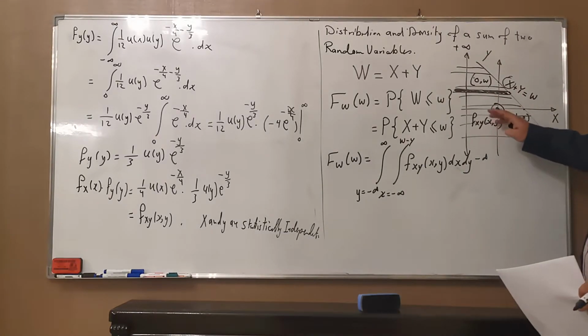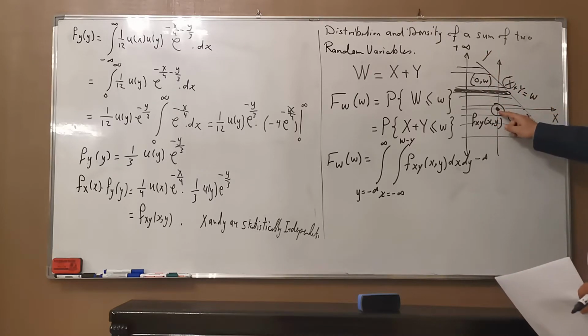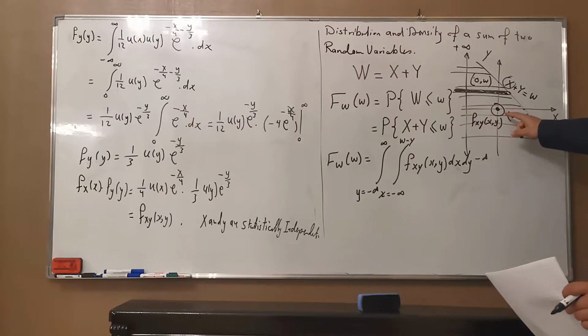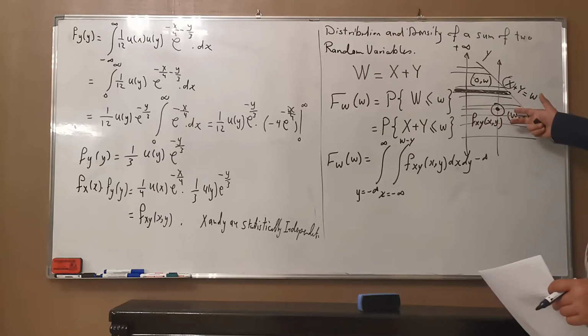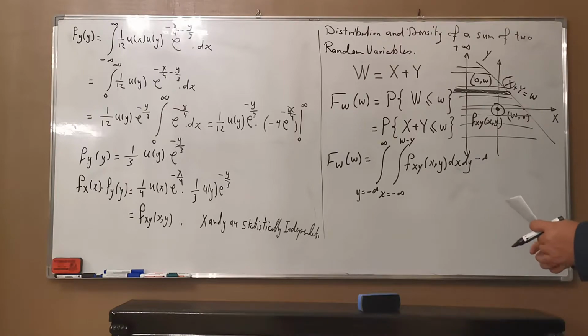When you are integrating over a portion of the XY plane, and this is the third dimension, in the space, three dimensions, X and Y and Z, we have this integration.